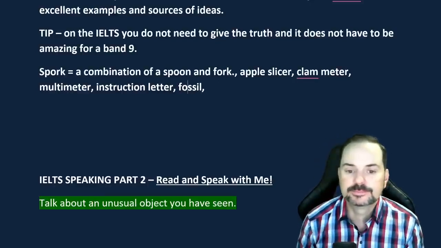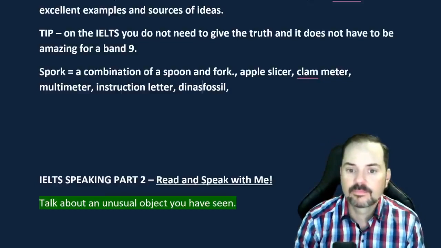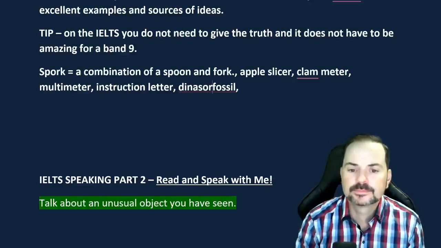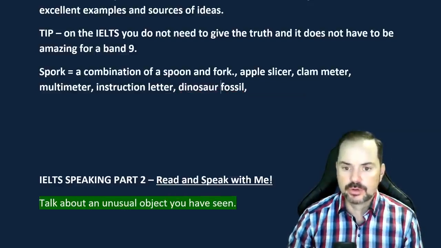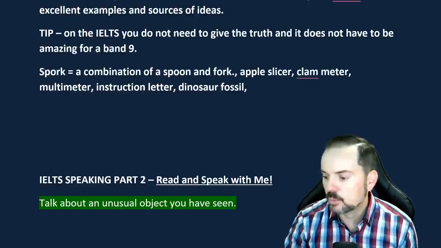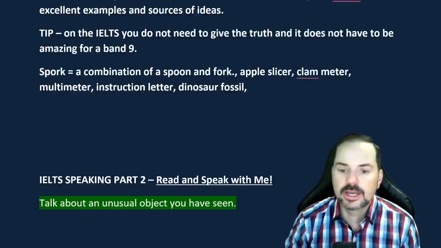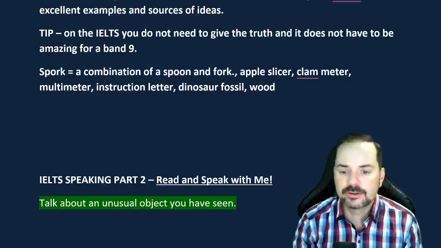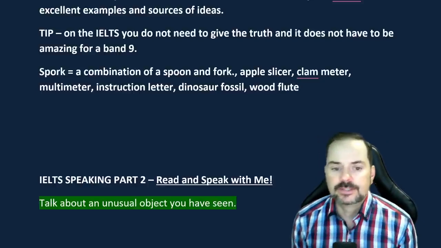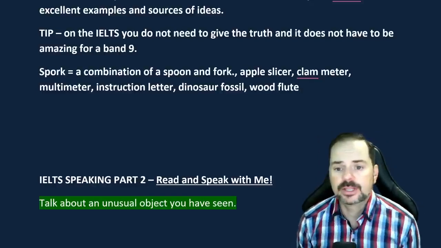Okay, sure. Dino with an O. Dinosaur fossil. Wooden flute. Sure, Amra. There you go. Now you're thinking. All right. Good. Okay, great.